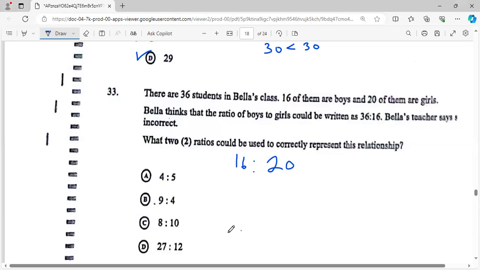And then now you are going to find a common factor that can be divided into both 16 and 20. First, I used 4. So 4 into 16 goes 4 times, and 4 into 20 goes 5 times.